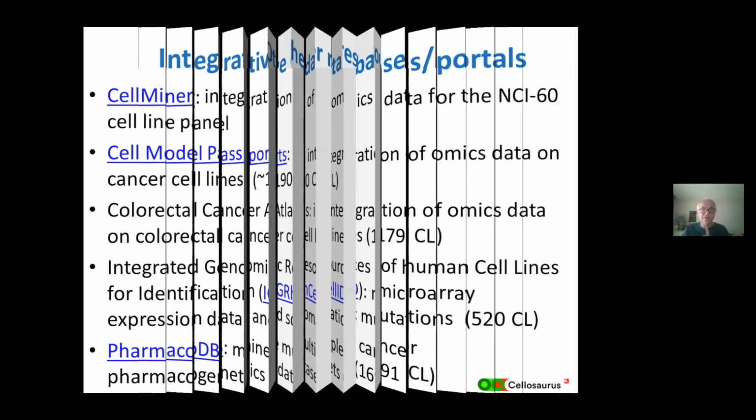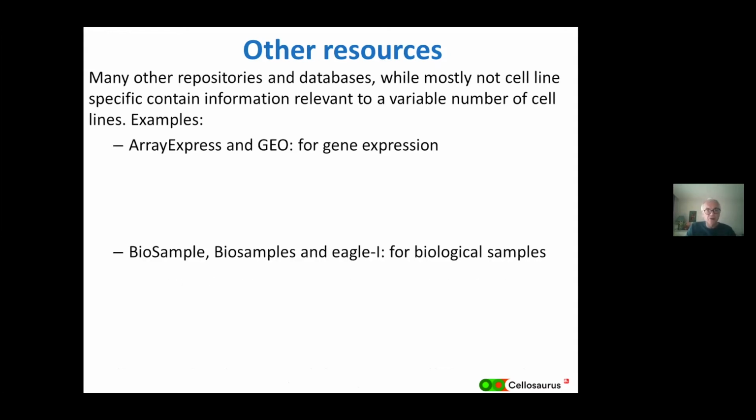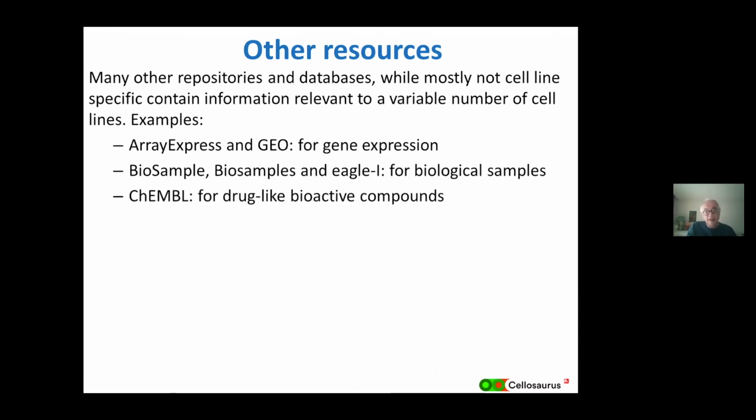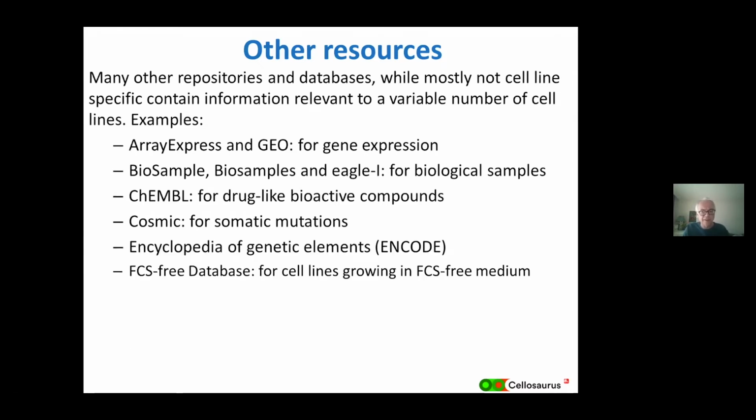Finally, and this is not the least, there are a lot of repositories and databases which are not cell line specific, but which contain a lot of information on cell lines. Things like ArrayExpress and GEO, BioSamples, ChEMBL for drug-like bioactive compounds, COSMIC for somatic mutation, ENCODE, the Encyclopedia of DNA Elements, the FCS-free database, which has information on media which are free of animal products, fetal bovine serum free, and cell lines.